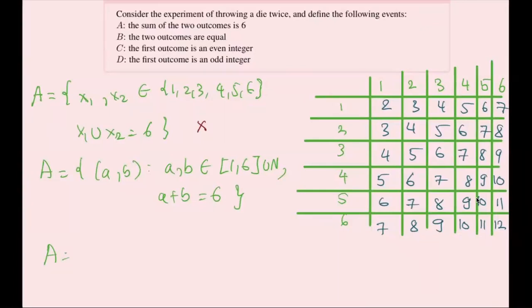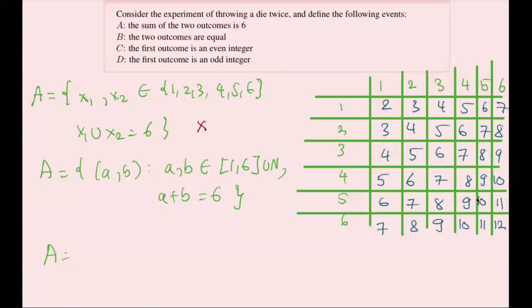If you try to list it out, what you can do is, when you throw 2 dice, I would normally write a table like this. So this is the outcome of the first throw. This is the outcome of the second throw. And the intersection would be the sum of the two outcomes. Because here we are caring about the sum, so I write out the sum in the intersection.